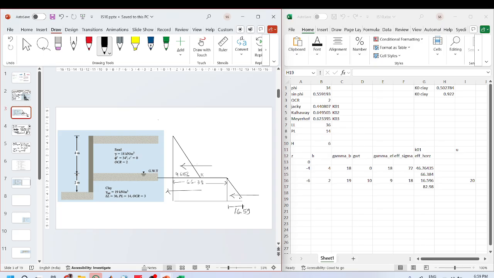We have to calculate the moment about, let us say, a datum.